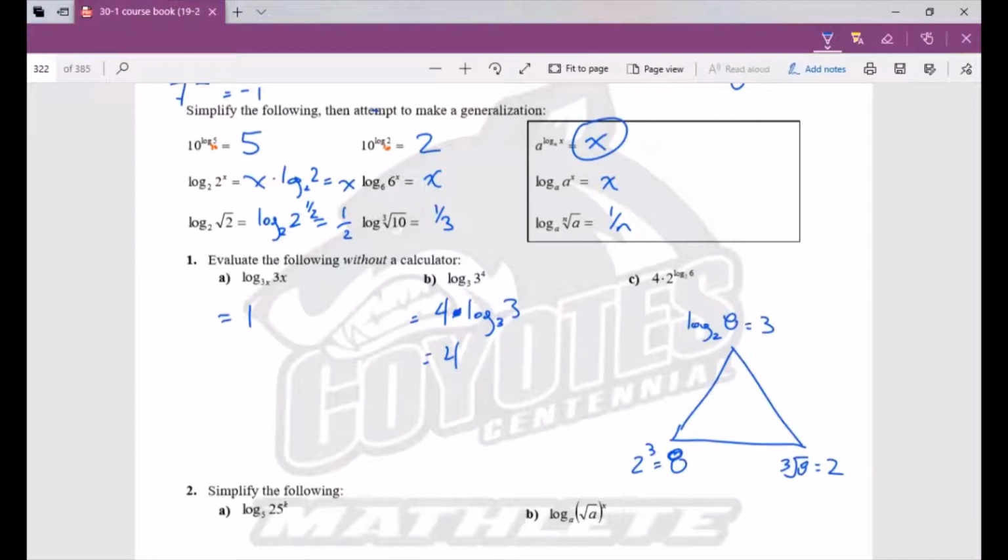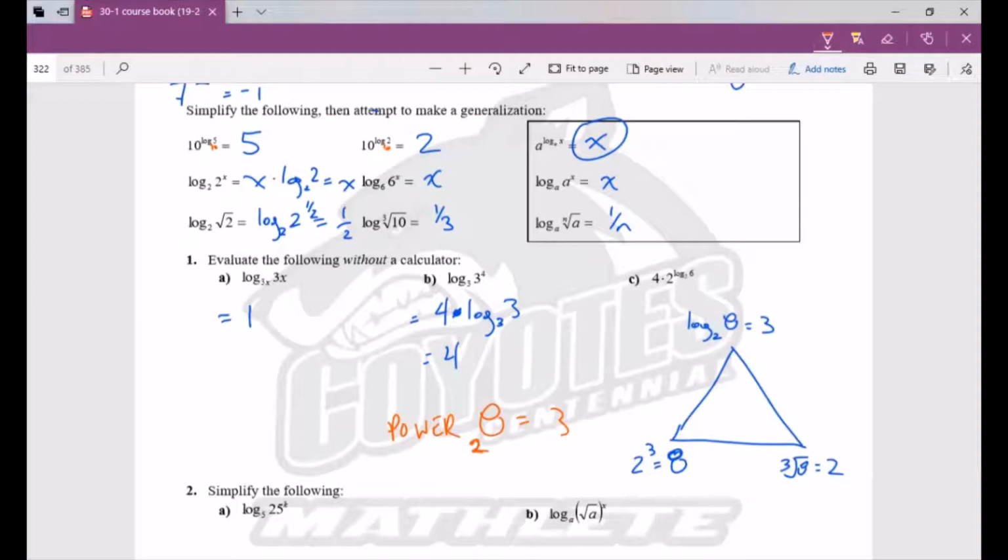A logarithm is just this power notation. The power of 2 that gives 8 is 3. If you keep that in mind, that will help streamline how all of this goes.